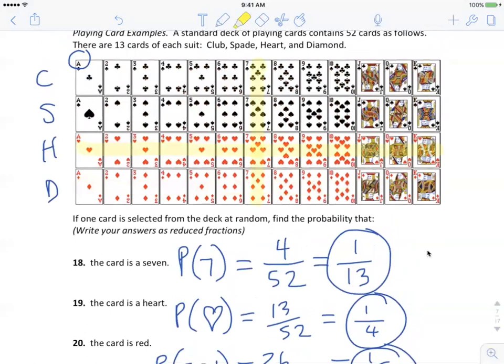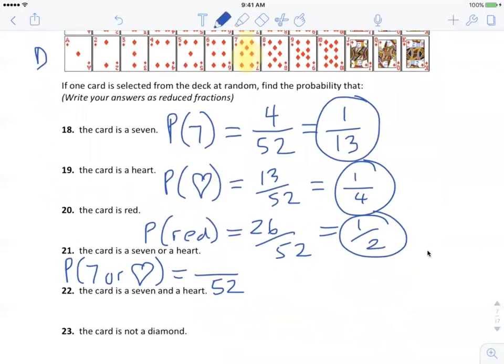So I have 13 hearts, and then 3 more 7s. So that's 13 plus 3, 16. There are 16 total cards that have that property. Do I have to reduce that? Divide each of those by 4, and I'll get 4 over 13 for my final answer.